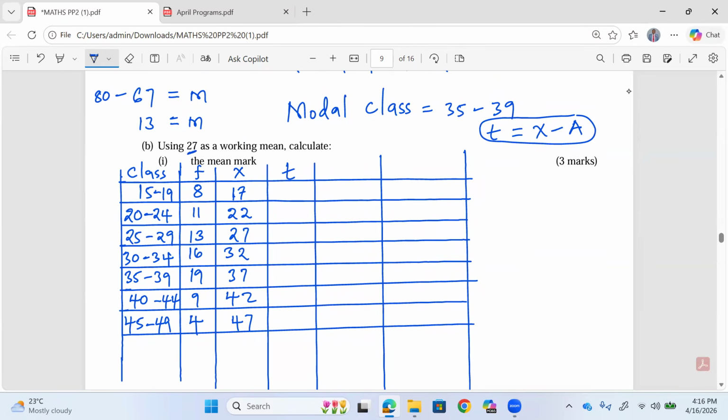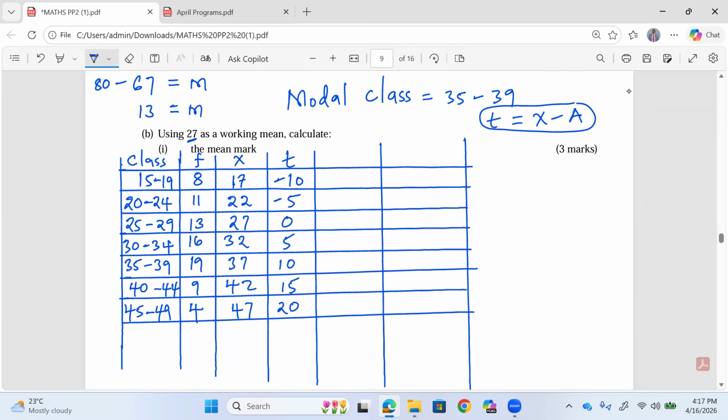So we start with every midpoint minus assumed mean. 17 minus 27, we get negative 10. Then we proceed to 22 minus 27, we get negative 5. 27 minus 27, 0. 32 minus 27, we get 5, 10, 15, 20, like that.